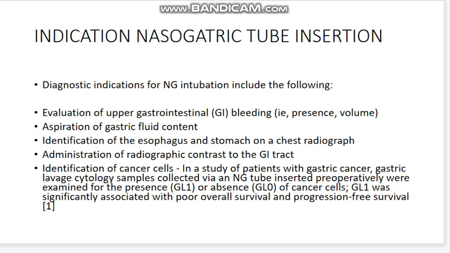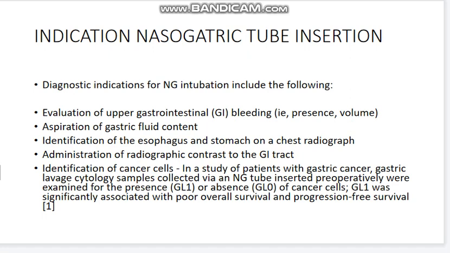Diagnostic indications for a nasogastric tube: evaluation of upper gastrointestinal bleeding, presence or volume of food, aspiration of gastric fluid content, identification of the esophagus and stomach on the chest radiograph, and administration of radiographic contrast to the gastrointestinal tract.